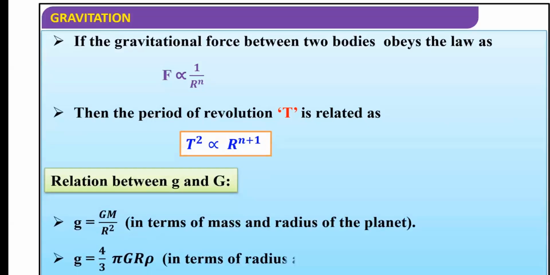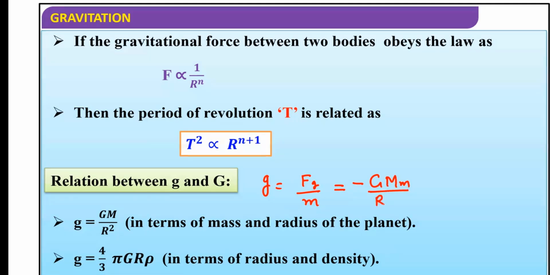Now next thing, the gravitational acceleration. Remember that the gravitational acceleration, we have defined it like this: gravitational force of attraction experienced by a unit mass, Fg upon m. The force of attraction between two objects is minus GMm by r square.